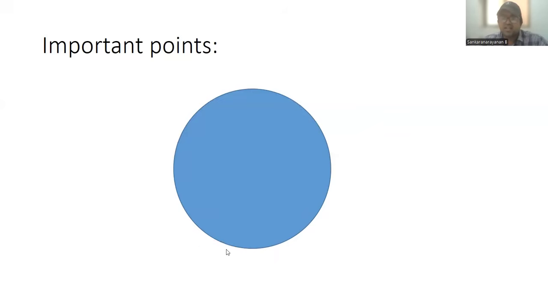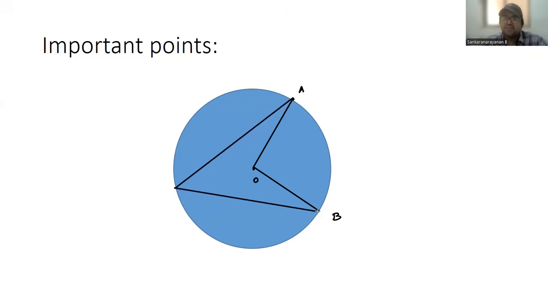I am considering the circle here. Let the center of the circle be O. Now, I am considering a point A that's lying along the circumference, and another point B that is also lying along the circumference of the circle. Let me consider angle AOB. In the same way, I am considering another point C, lying along the circumference of the circle.